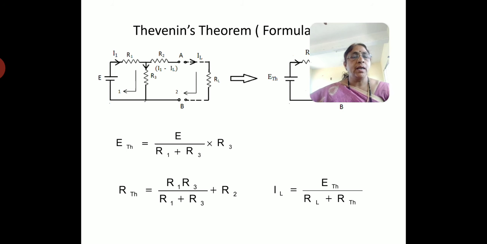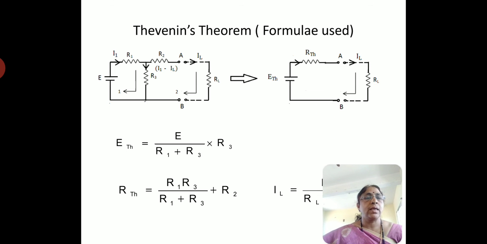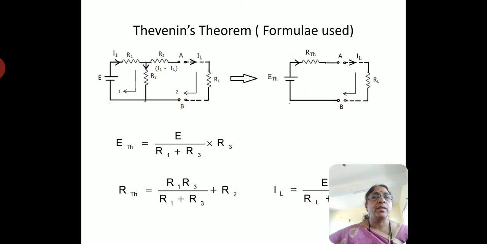Now let us see some examples on the basis of Thevenin's theorem. Thevenin's theorem reduces a complex circuit into its equivalent circuit, ETH and RTH, where ETH is the Thevenin voltage and RTH is the Thevenin resistance.